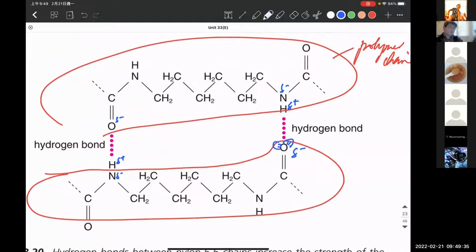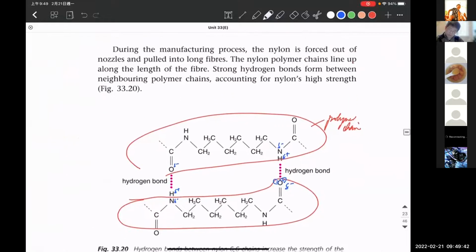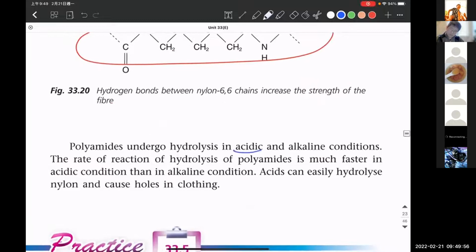And that's why this material is said to be quite strong. Amides can also undergo hydrolysis in acidic or alkaline conditions.